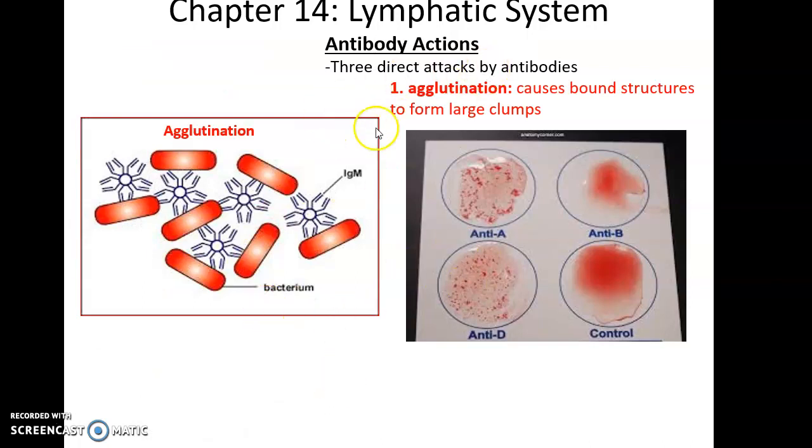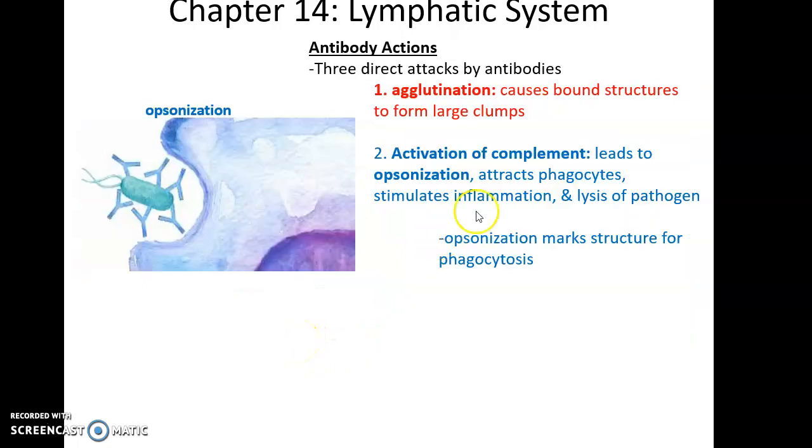All right, so again, antibodies can cause agglutination. They can bind to multiple antigens, connecting and grouping together, say, bacteria or, for instance, blood cells. They can activate complement.